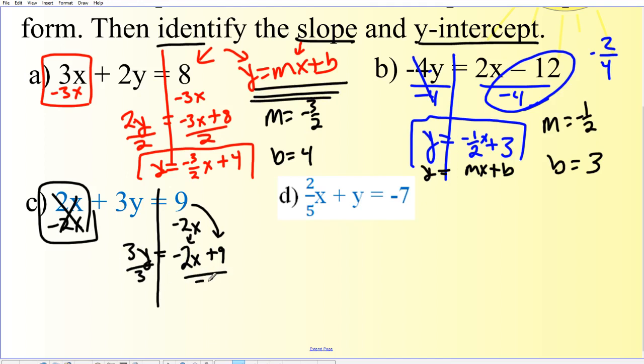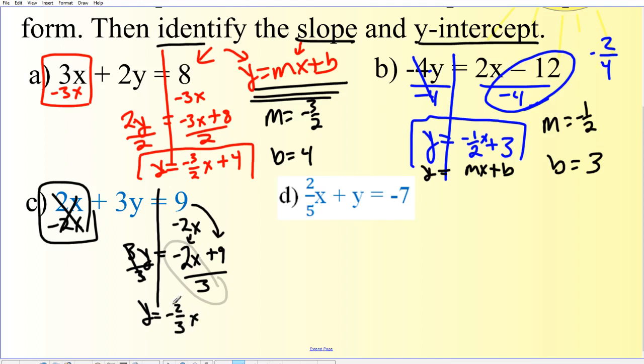Divide both sides by 3. Cancels. y equals. Now, if I do negative 2 divided by 3, as a fraction, it doesn't simplify. So I'm just going to leave it as negative 2 divided by 3 x.